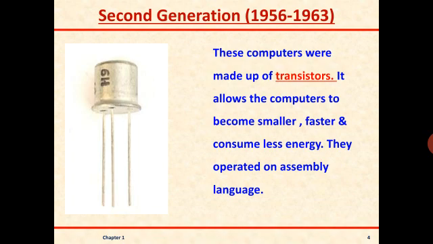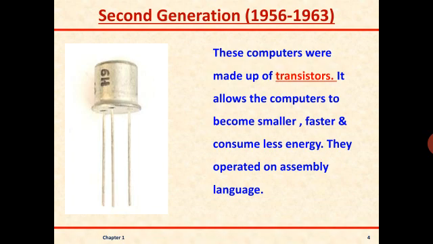The second generation of computers worked using a language called assembly language. Here students, just now I said every generation has its own characteristics, so you must remember this second generation was operating on assembly language.